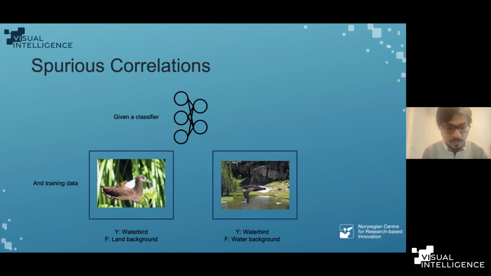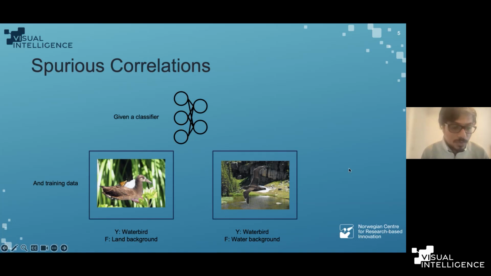The spurious features in this case would be all those features in the images which have nothing to do with classifying the bird. If I were to classify a bird as belonging to a specific type, I would look at the bird's features. I would look at its eyes, its beak, its feathers, and so on. I would not look at the background, for instance.